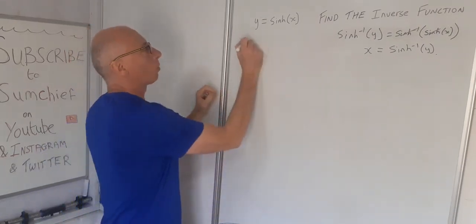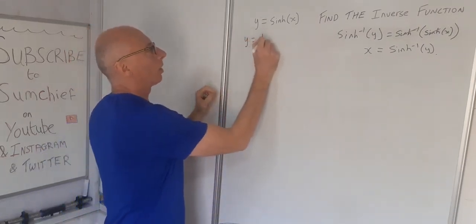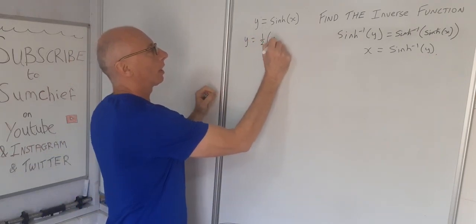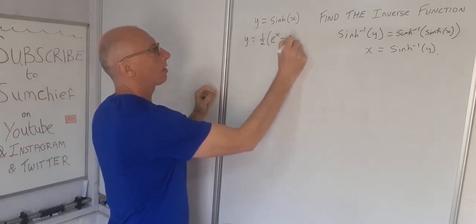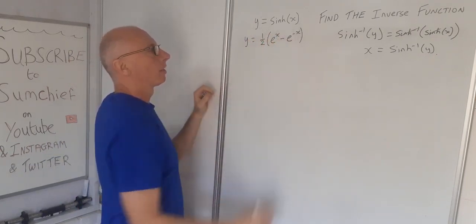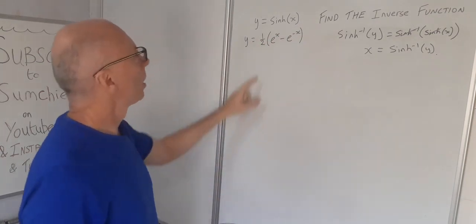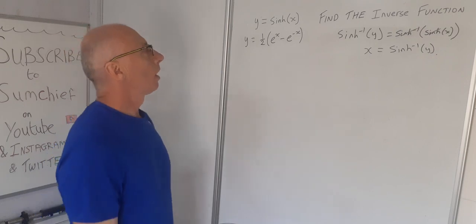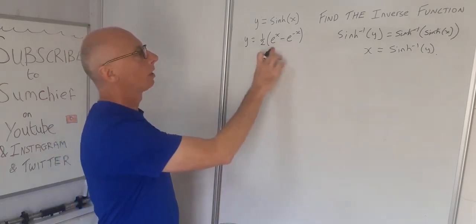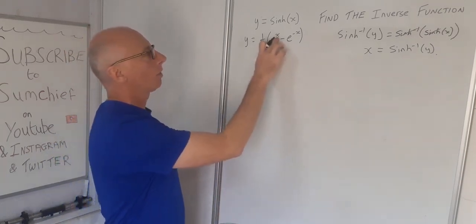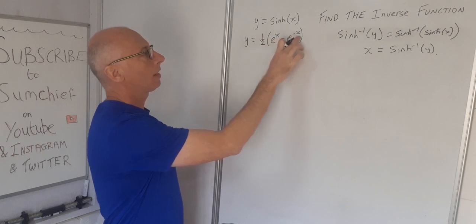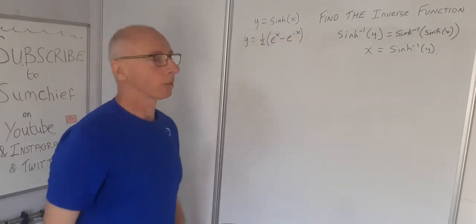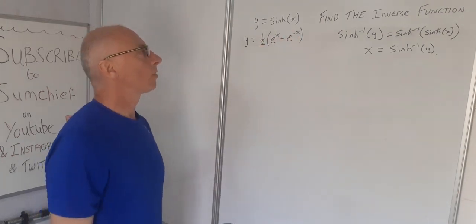So what we can say is that y equals 1/2 (e to the x minus e to the minus x). So this is still the same value as what this is. Okay, so now all our terms are within indices of the exponential function, which is still not really helping us very much.